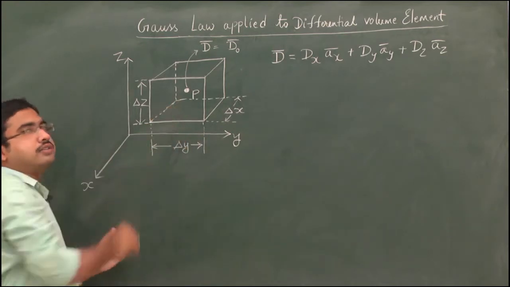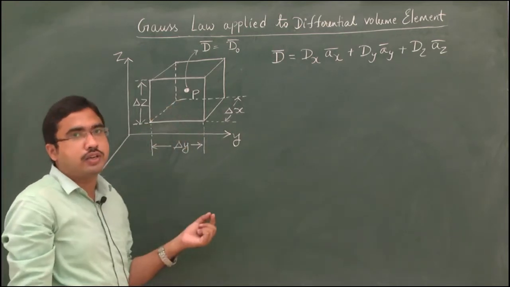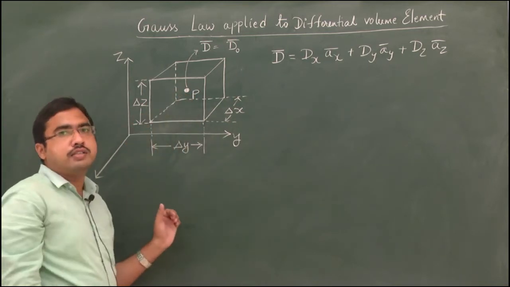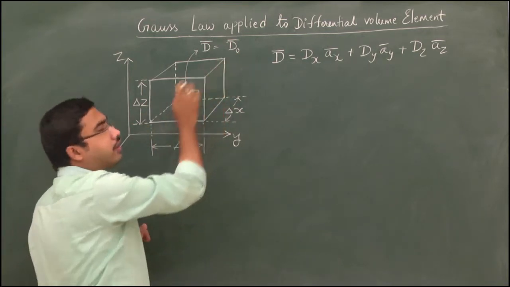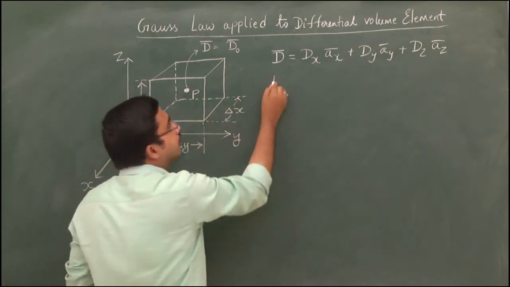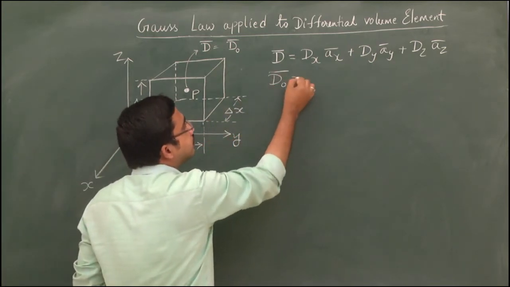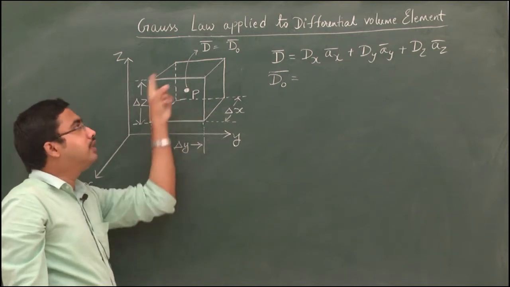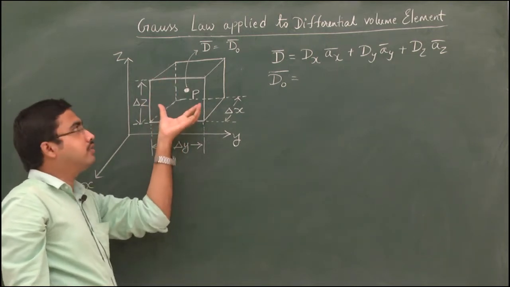Now, as we are considering only a small differential volume, in that volume you are taking the electric flux density as D naught. Let it be some D naught. Now your D naught is the electric flux density at this point P, which is present in the differential volume of this element.